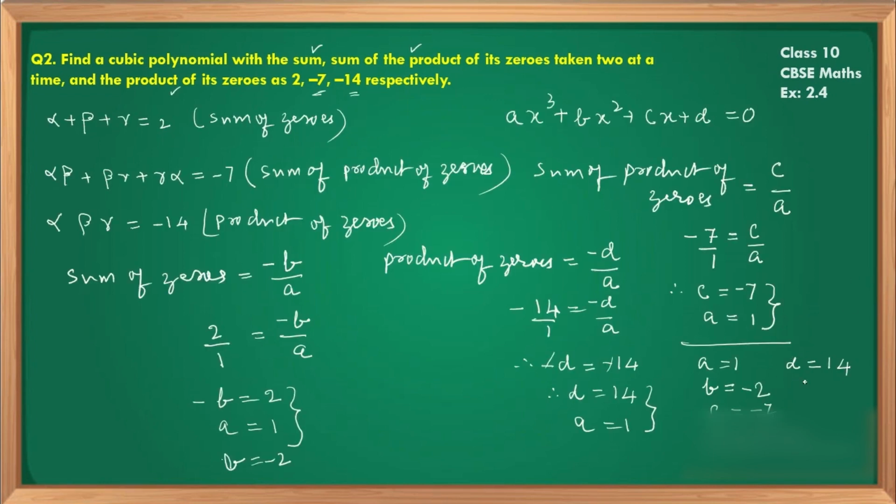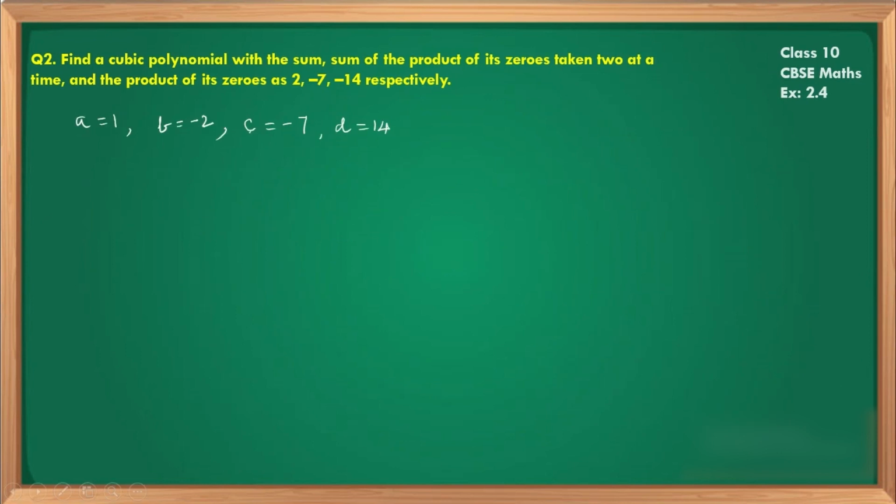So these values we have written in the next page. Now we continue, and the general format you know, ax cube plus bx square plus cx plus d is equal to 0. This is the general form of the cubic polynomial.